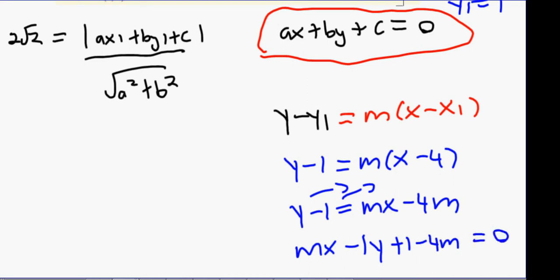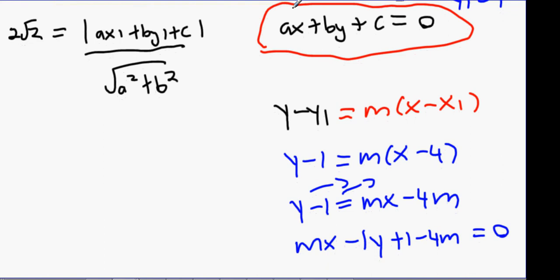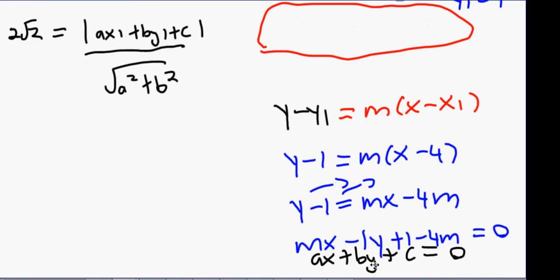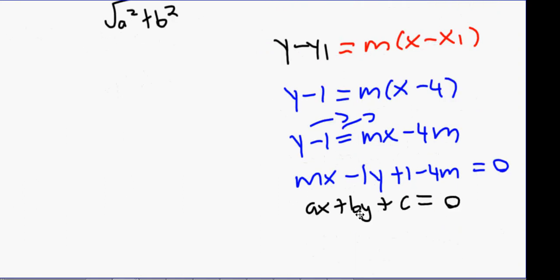Now, compare this equation to the equation I have above. What is your A, B and C value? A is m, B is minus 1, C is 1 minus 4m.